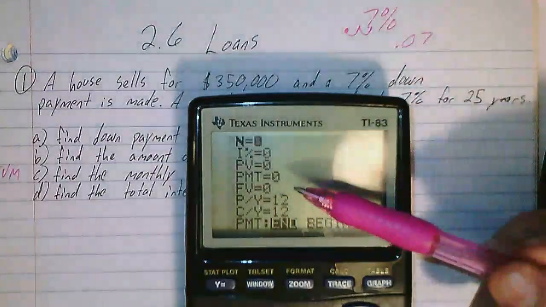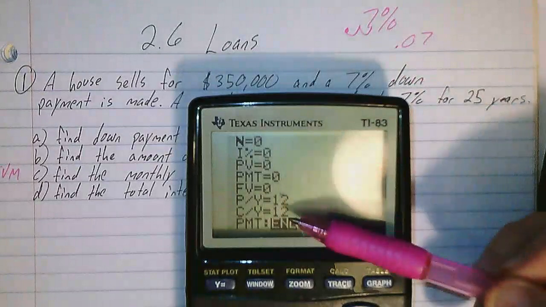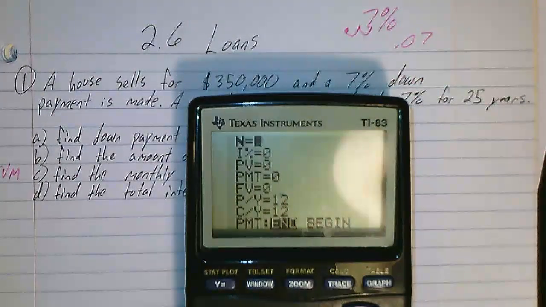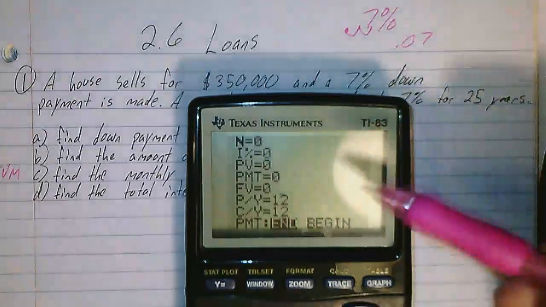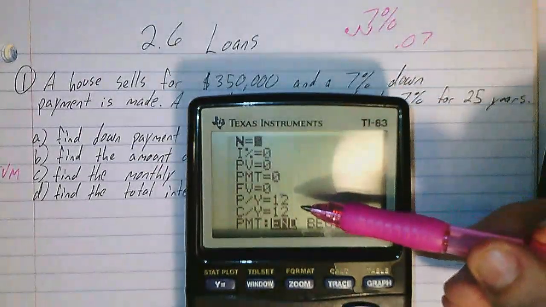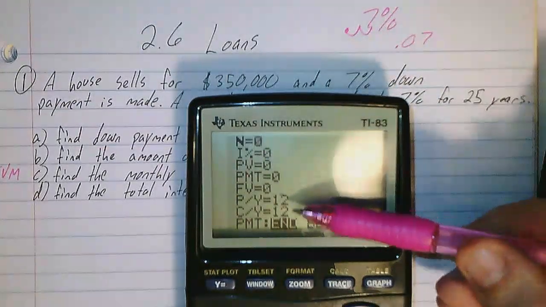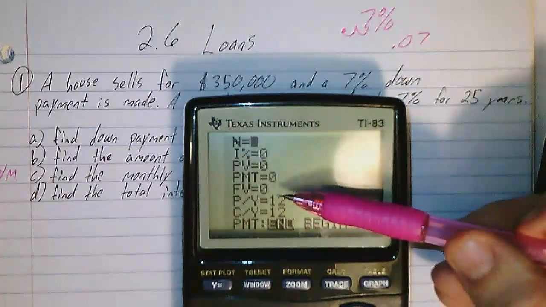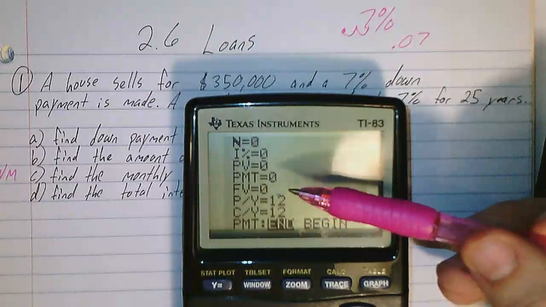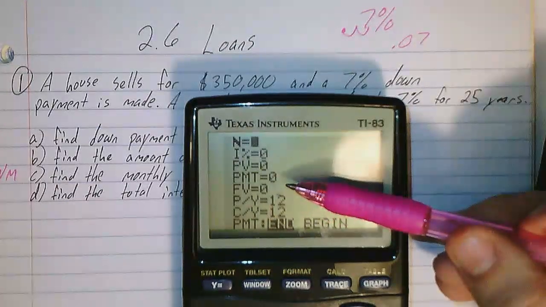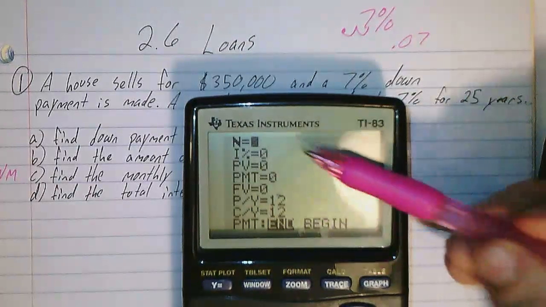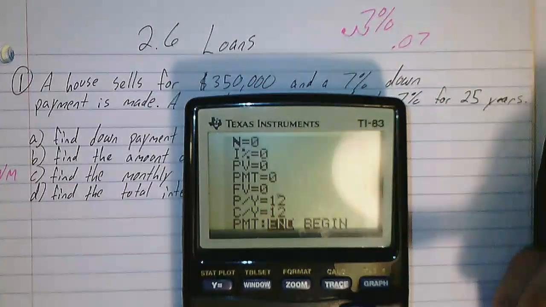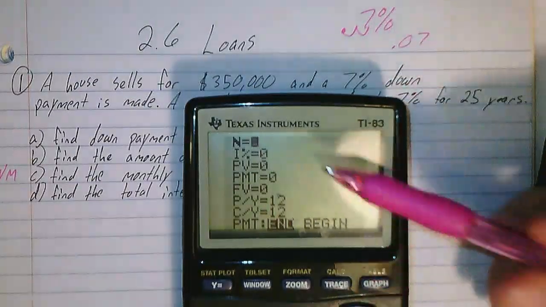And it should keep the previous entries that you have, hopefully, from section 2.5. So if you watched that video already, these remain 12 down here. FV remains 0. We are calculating the payment, and everything else we get from the problem here.